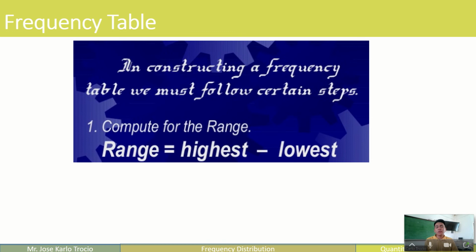Okay, so the first thing that you need to do is to find the range. I know you are familiar with the range. You are going to subtract the lowest datum from the highest number that you can observe in the set of data.